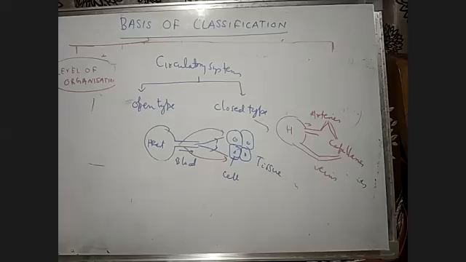Arteries and veins are slightly wider, and the capillaries are the minute, thin blood vessels which are one cell thin, with a semi-permeable cell membrane. They will allow the flow of the blood. So this is called the closed type of circulatory system.